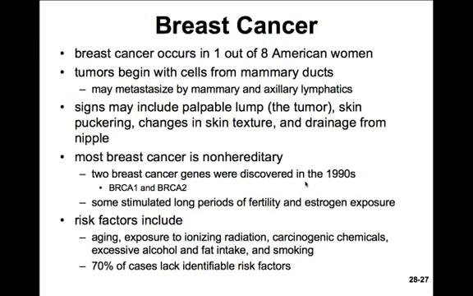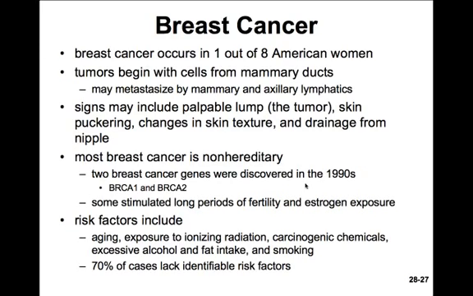So breast cancer seems to be much more common among women who begin menstruating early in life and who reach menopause relatively late. That is really women who have had a long period of fertility and exposure to estrogen. Estrogen is one of the primary risk factors.